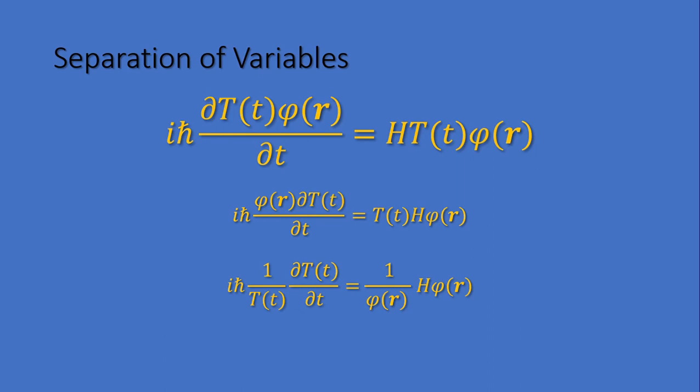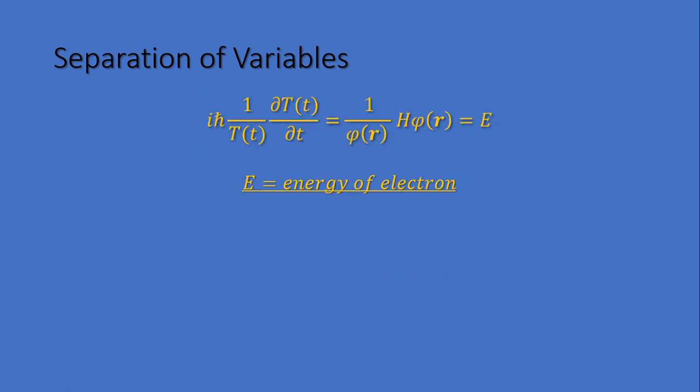Because they depend on mutually exclusive variables, the only way for them to be equal to each other is if they're equal to a constant. And this constant we call capital E, and we associate it with the total energy of the electron. We can justify this choice in two ways.